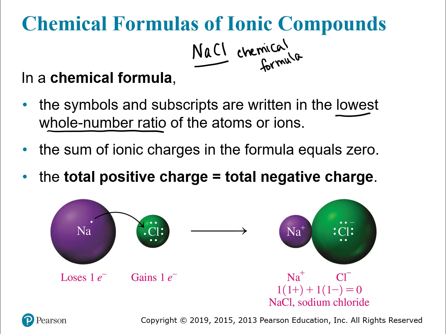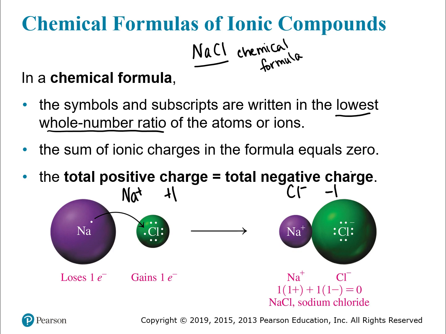For an ionic compound, the sum of the ionic charges in the formula always equals 0. So the total positive charge has to equal the total negative charge. So with sodium chloride, you've got Na+, so that's a +1, and you've got Cl-, that total charge is -1.